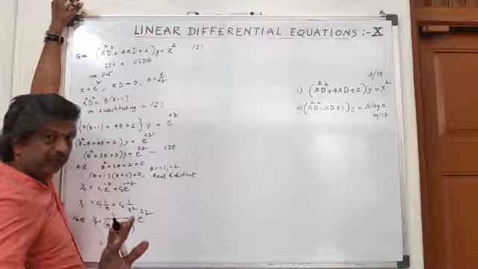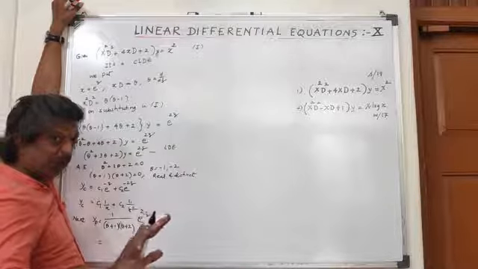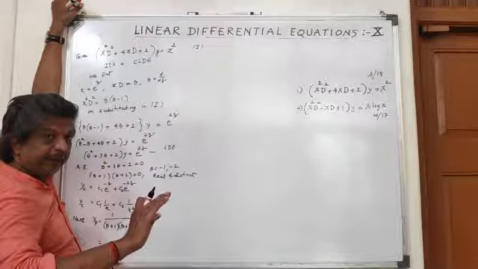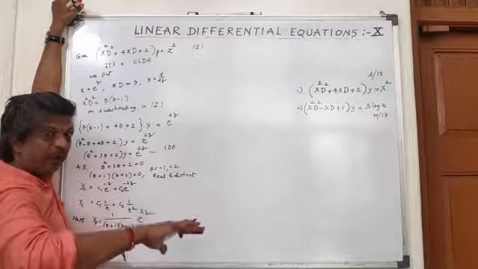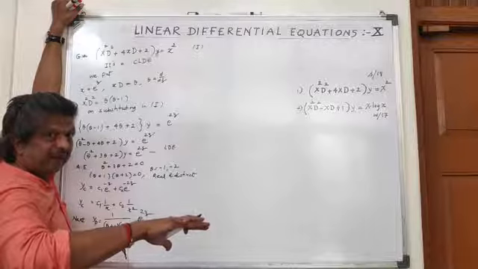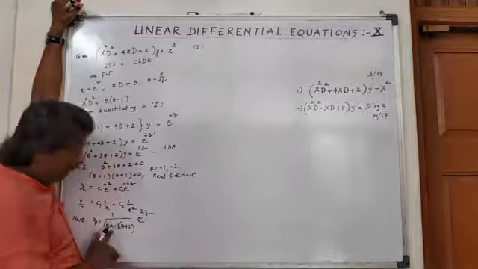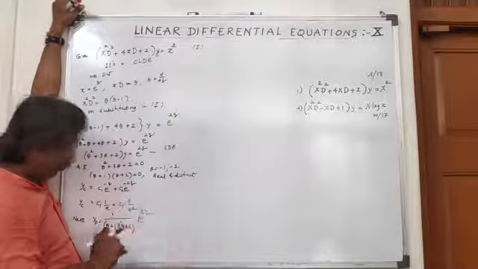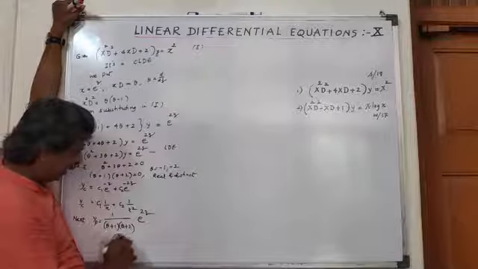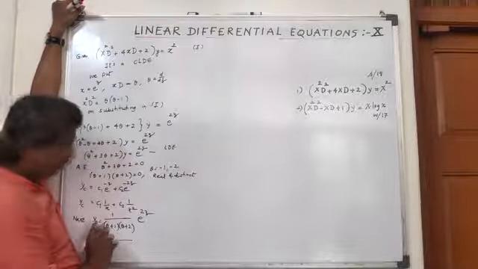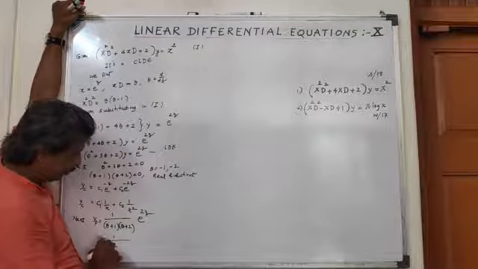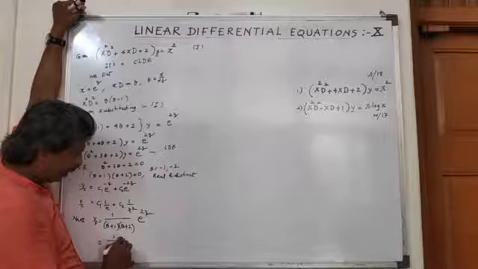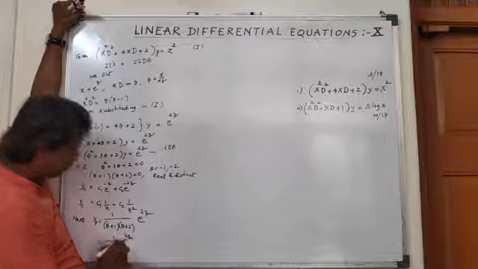In the exponential case, by the shortcut method, first formula, we replace capital D by the coefficient of x. Here we shall replace theta by the coefficient of z. Here the coefficient of z is 2. So I will be replacing theta by 2: 2 plus 1 is 3, 2 plus 2 is 4, so 3 into 4, times e raised to power 2z. So this is yp.